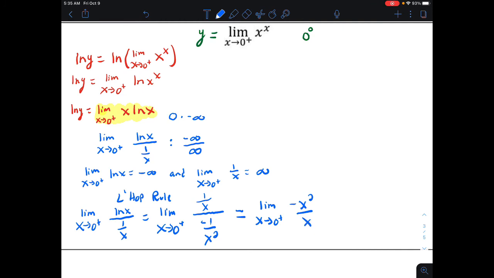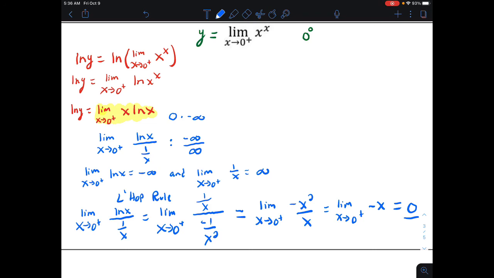And then I can cancel out an x. We're going to wind up with the limit as x approaches 0 from the right of negative x, which gives me 0. So 0 is not our answer, though. 0 is what that one limit equaled, the limit as x approaches 0 of x times the ln of x.